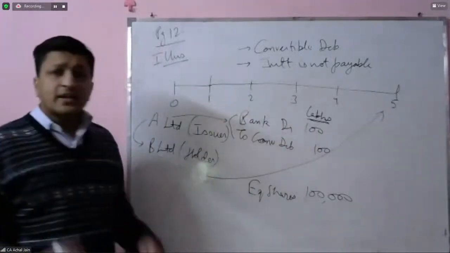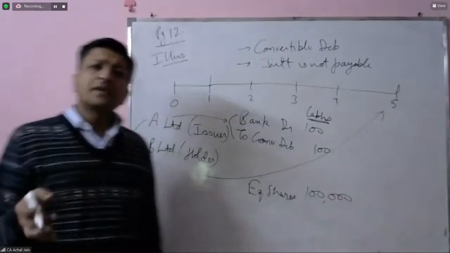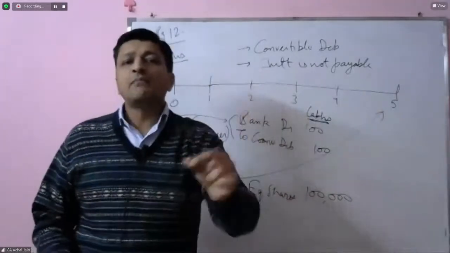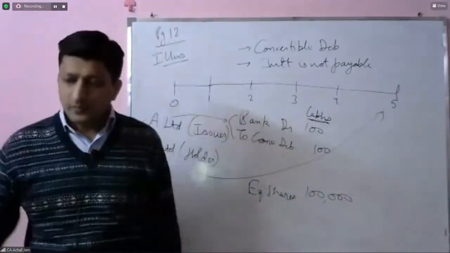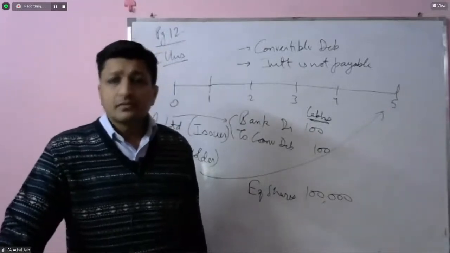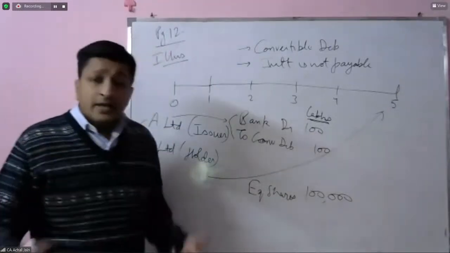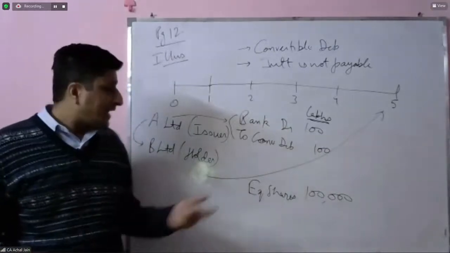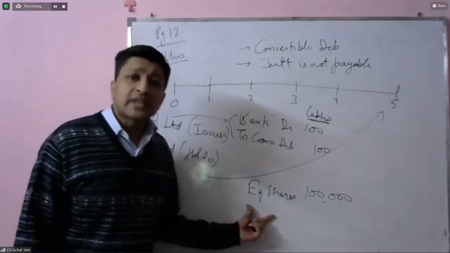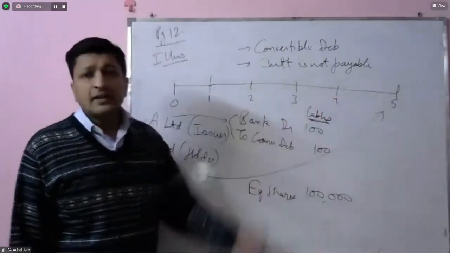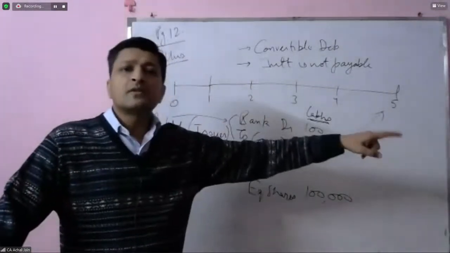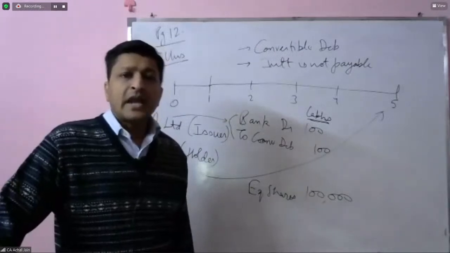A Limited is saying, don't worry B Limited, whatever will be the market price at the end of the fifth year, at that market price I will issue equity shares to you. B Limited is fine with this. But in that case, can we ascertain today the amount of this settlement which will happen after the end of the fifth year? No, because that will be determined on the basis of the market price at the end of the fifth year.